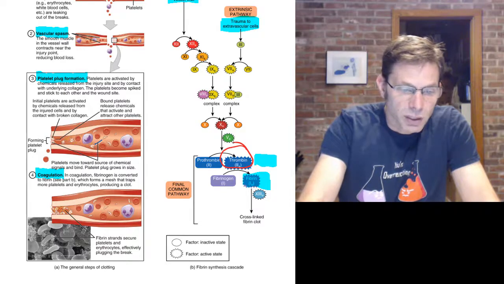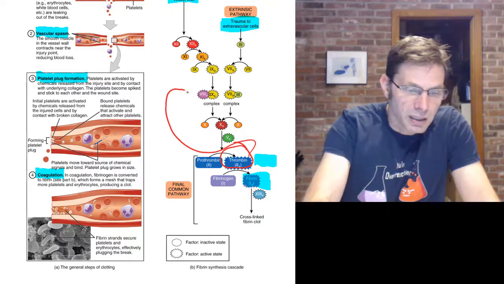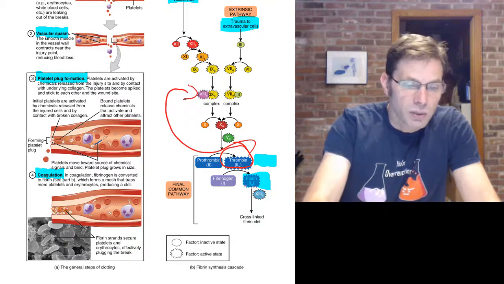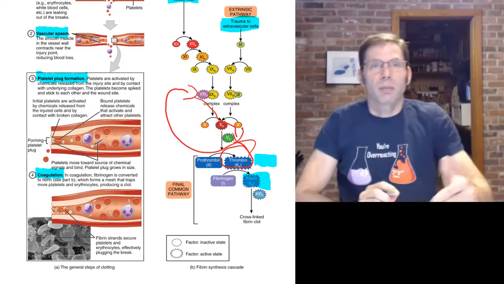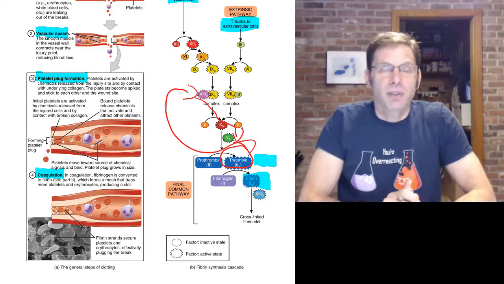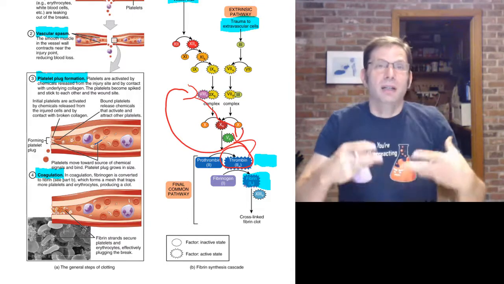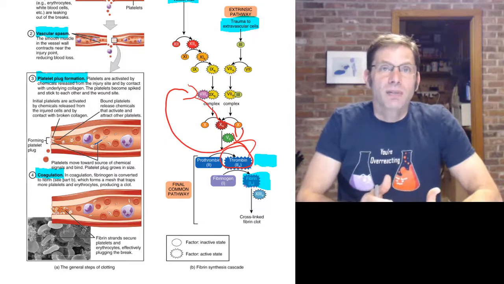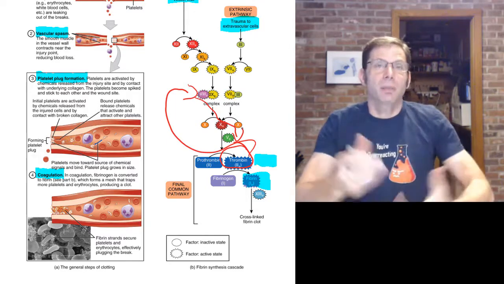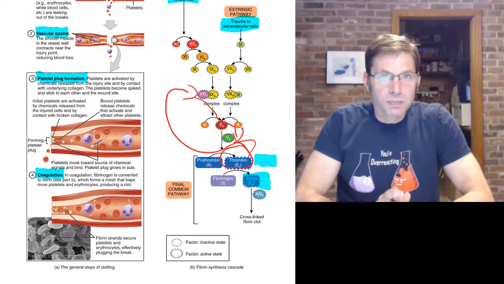So if I'm going up here, thrombin is going to turn on factor 8, which then turns on through that cascade thrombin. So this is a positive feedback loop that's going to cause very fast formation of this fibrin mesh that the platelets are adhered to.